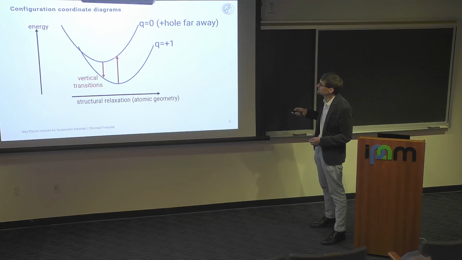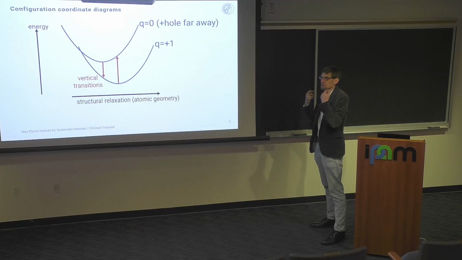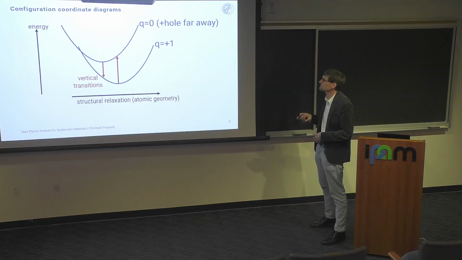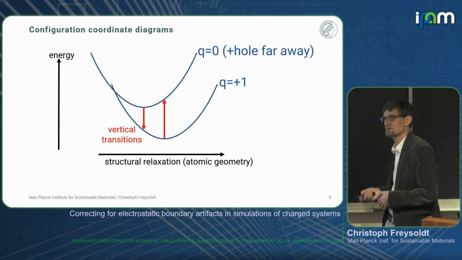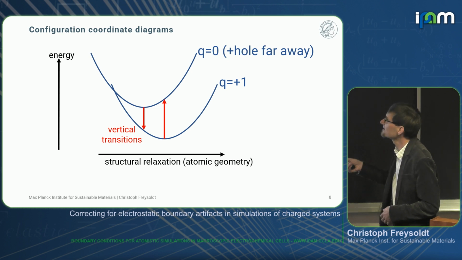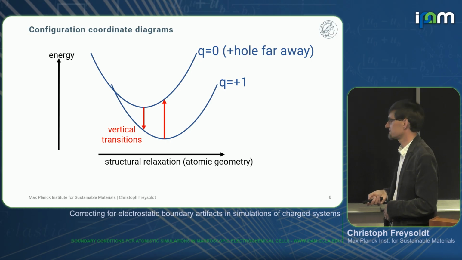So this vertical transition here basically relates to the optical excitations in this material. And reversely, if you go from a higher state to a lower state under the emission of a photon, that would relate to the emission of photons. So this is the kind of stuff that we can get from these diagrams.